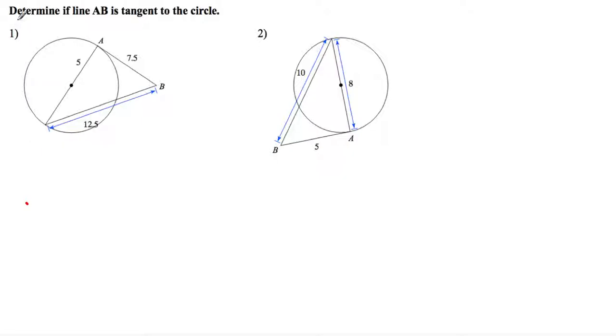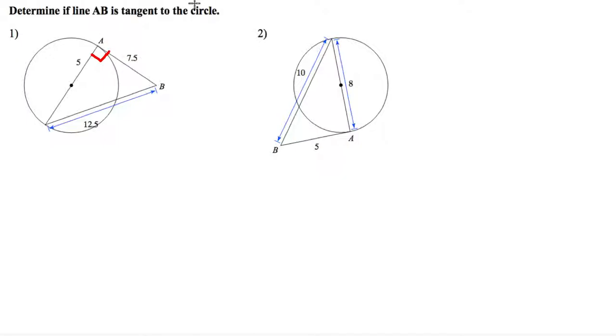Now, we can use this to determine if a line is tangent or not. Here we have this line AB in both of these cases, and we want to find out if it's tangent. Remember from a previous section that a tangent to a circle is going to be perpendicular to the radius or the diameter.